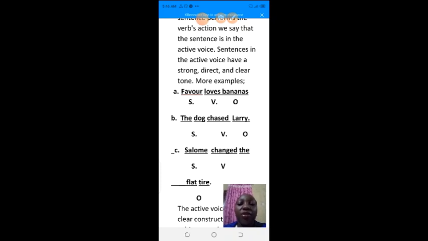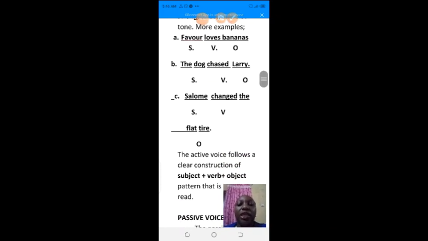Favor is one person, so we need to use a singular verb and then we add S to make that verb singular. So we can't say Favor love bananas, because Favor is one person. It has to be singular. So it is Favor loves bananas. Favor is the subject, loves is the verb, and bananas is the object.